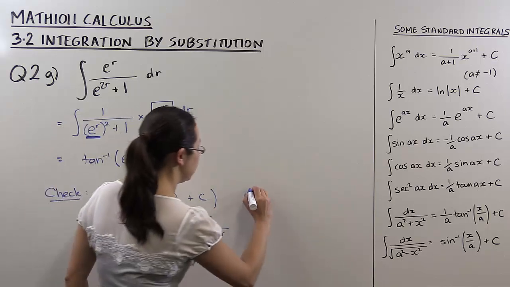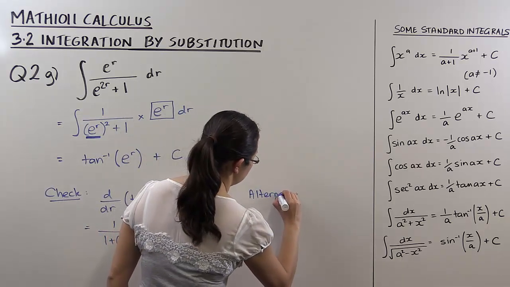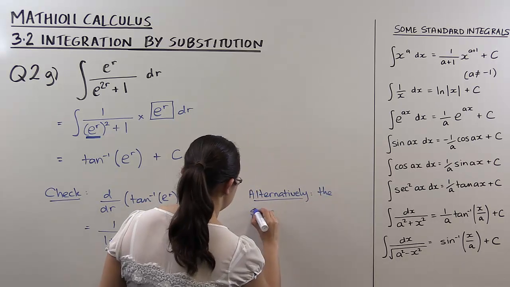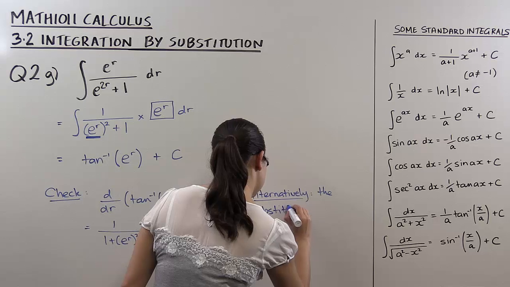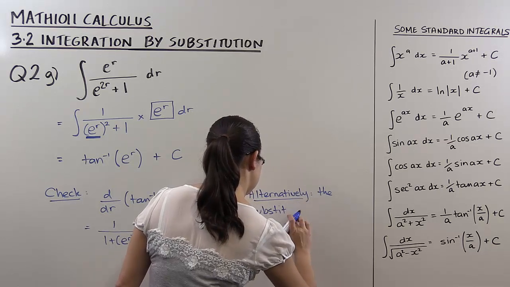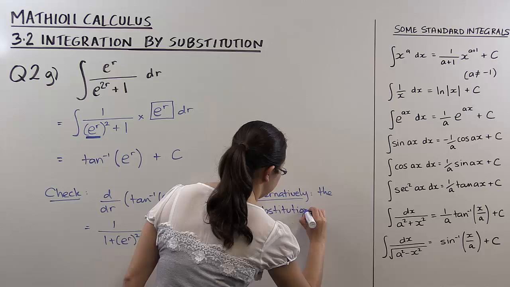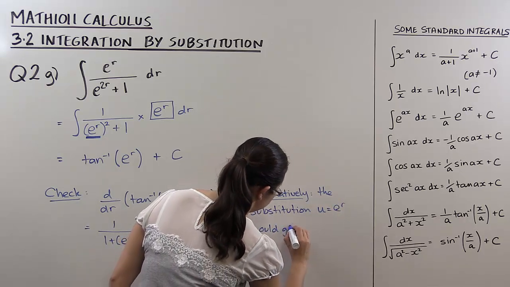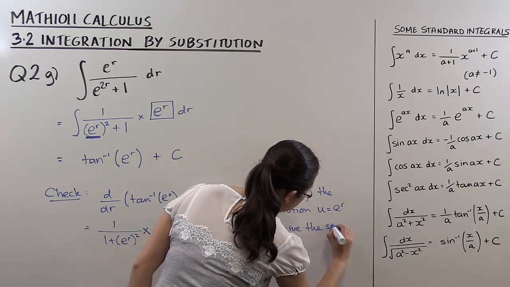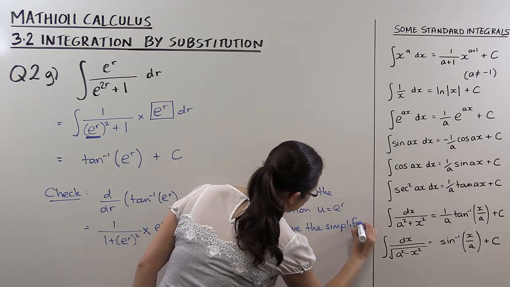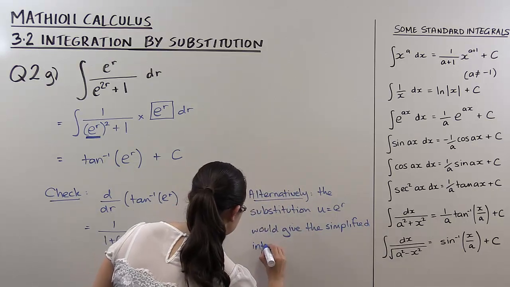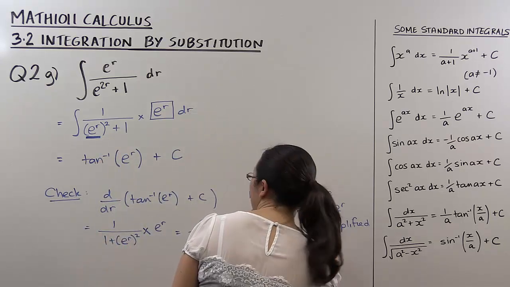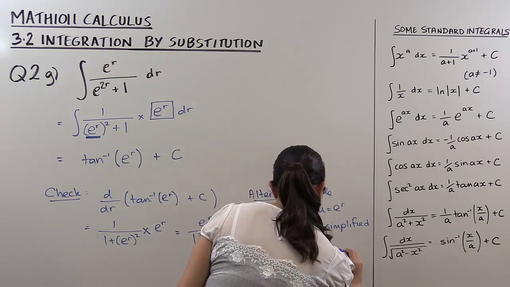Okay, so alternatively, if you wanted to do a substitution, the substitution u equals e to the r would give the simplified integral of 1 on u squared plus 1 du.